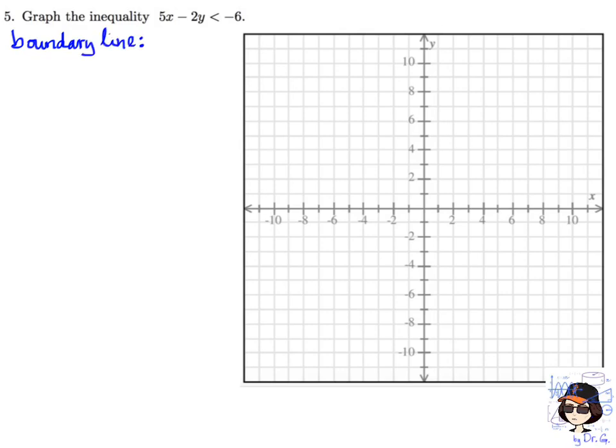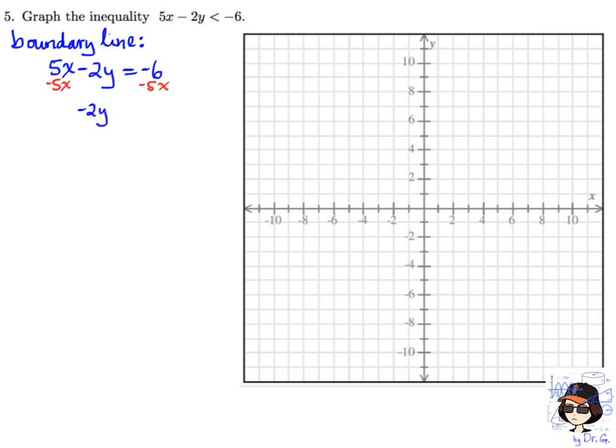So we get the equation of the boundary line by taking this inequality and replacing the less than with an equal sign. So the boundary line has equation 5x minus 2y equals negative 6. And now what I'm going to do is rewrite it using slope-intercept form.